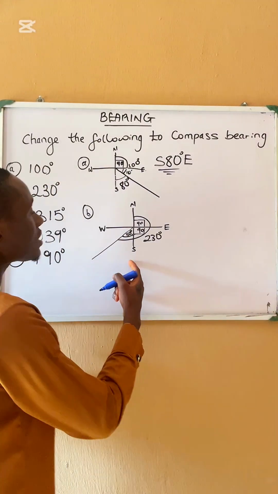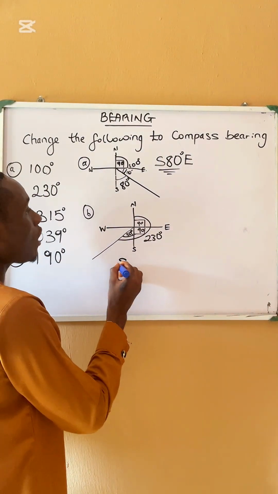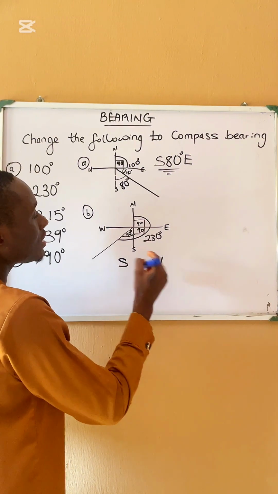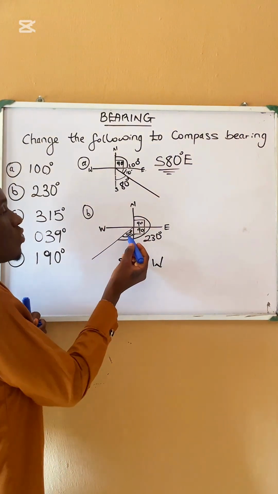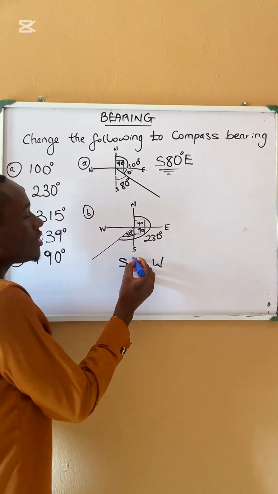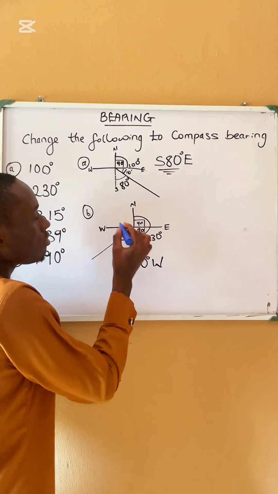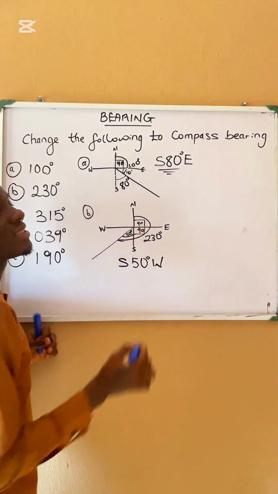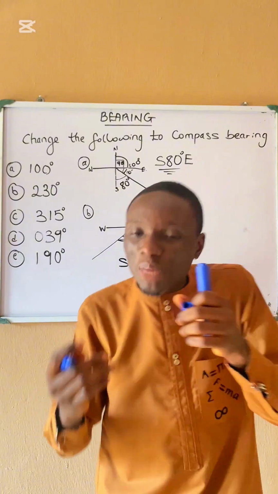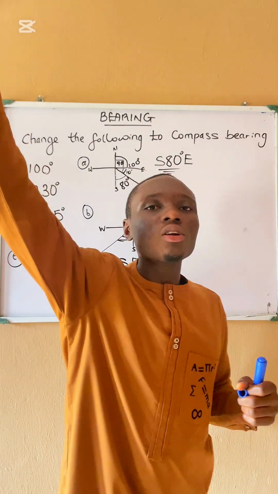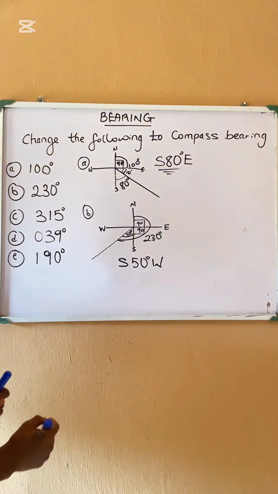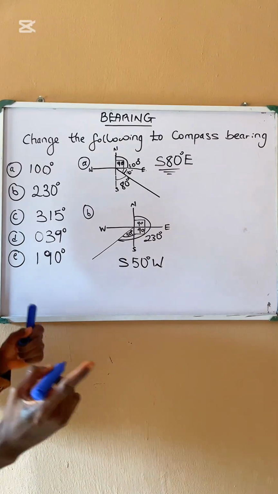Now this one falls between south and west, so our answer should be south, something degree, west. We are lucky, we already know the angle here, which is 50 degree. So our answer is south 50 degree west. Just pick the south, pick the immediate angle, then pick the next coordinate. You get your answer.